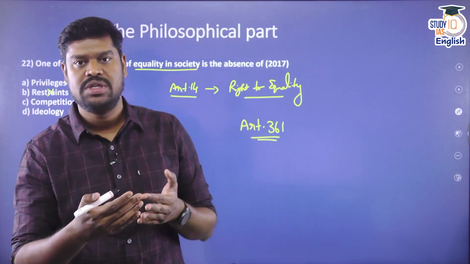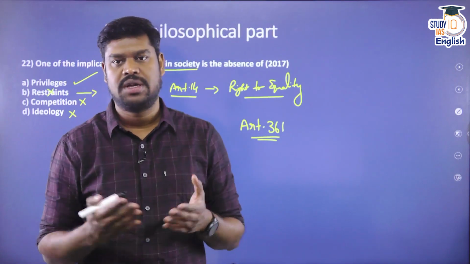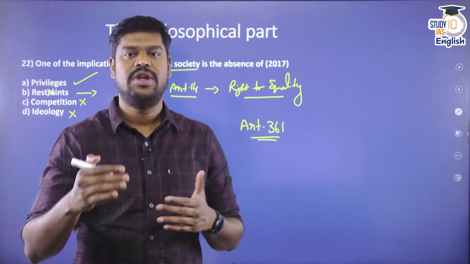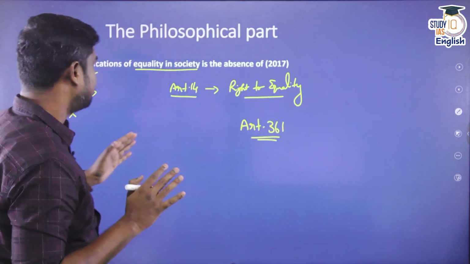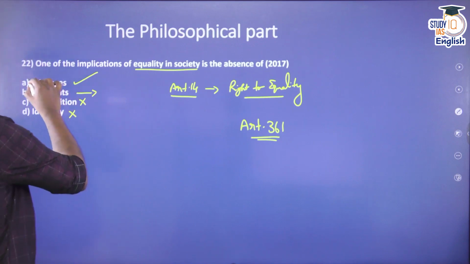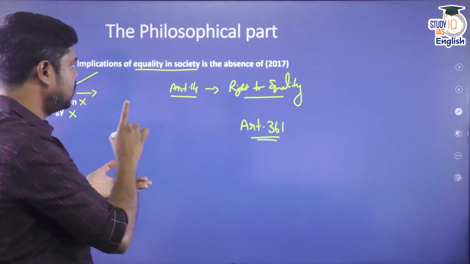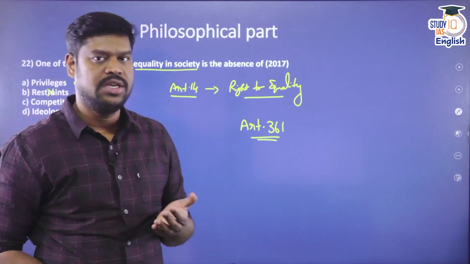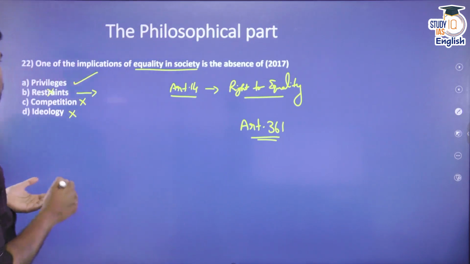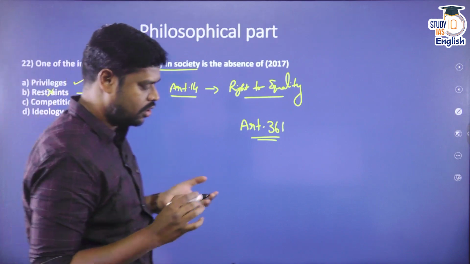And if they perform their duties effectively, it will again help the people of this particular country. Nothing more than that. It is a privilege to the office and not to an individual. Okay. So this is how we'll have to see this particular thing. So that is an exceptional case. But otherwise, the idea of equality in the society is to eliminate the privileges in the society. Very important question and an important concept.